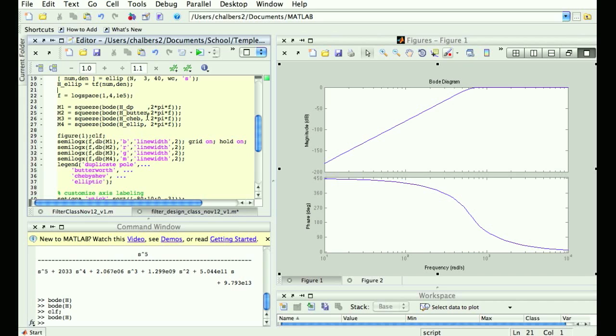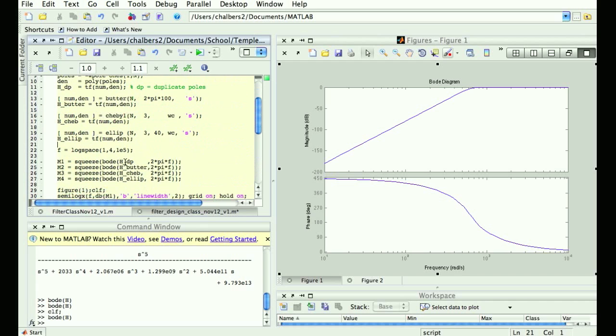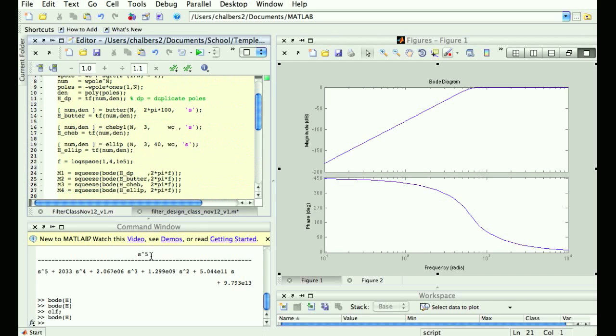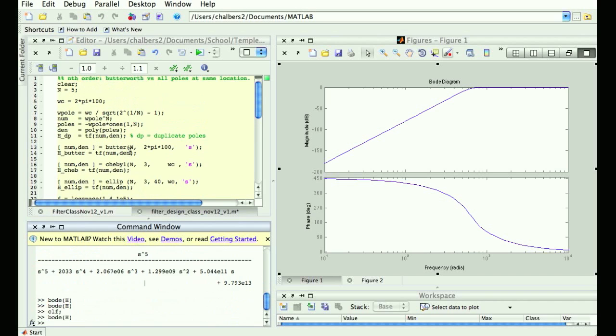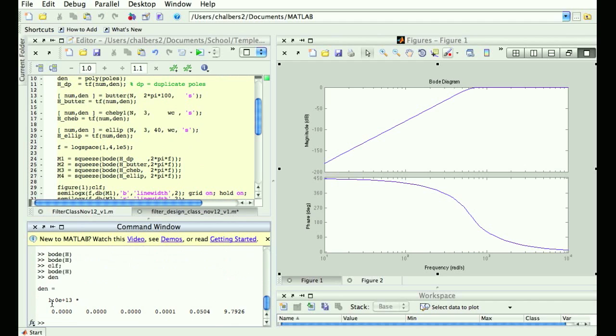Yes? I just had a question. I noticed you use like the num and denom. For the denominator, you define the poly of poles, the poly function. What is that? Okay, so here's my denominator. It's basically like a constant plus this number times s plus this number times s squared, s cubed, s to the fourth, s to the fifth. So if I want to see where my poles are, I can say, let's say r equals roots of denominator.